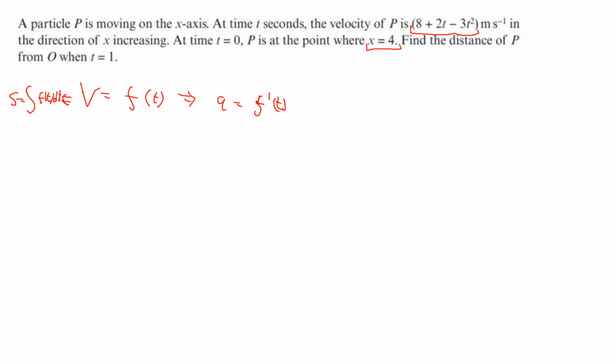So if we know that v is equal to 8 plus 2t minus 3t squared, then it means that the distance is the integral of that. Okay? So let's do what we need to do.